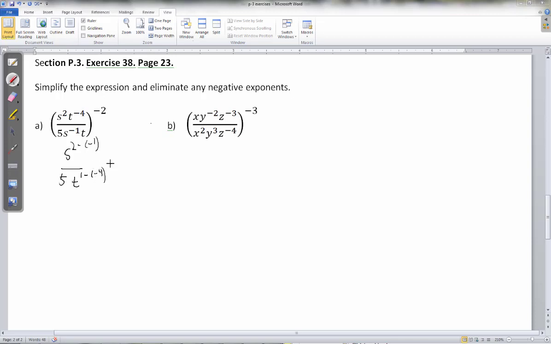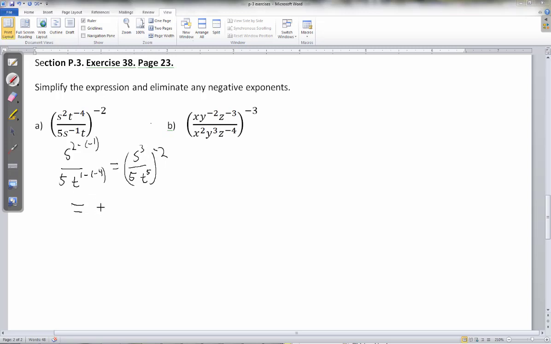So now that gives me s to the 3rd over 5 t to the 5th, to the negative 2, and I think I have simplified all I can inside the parentheses.